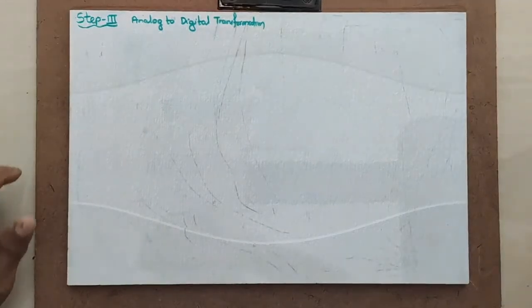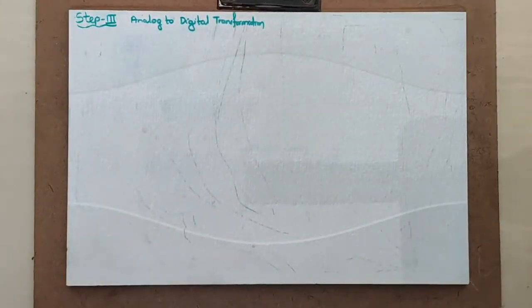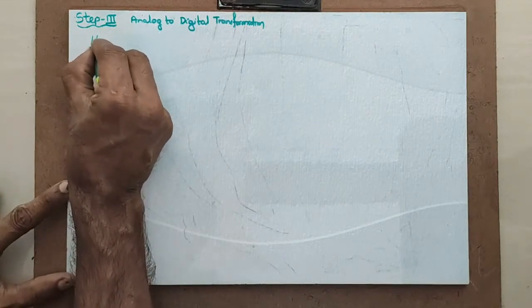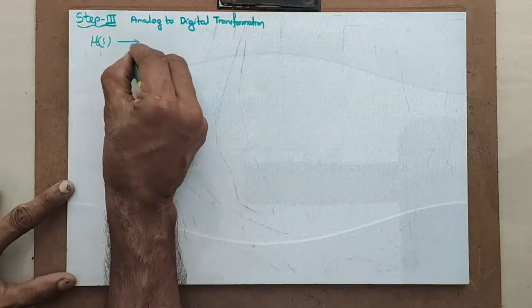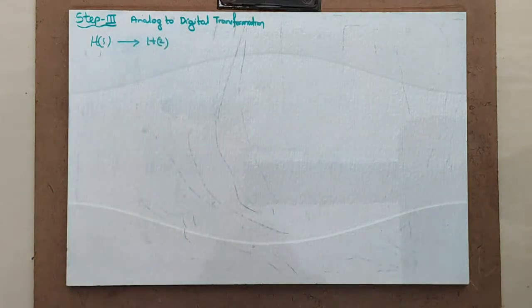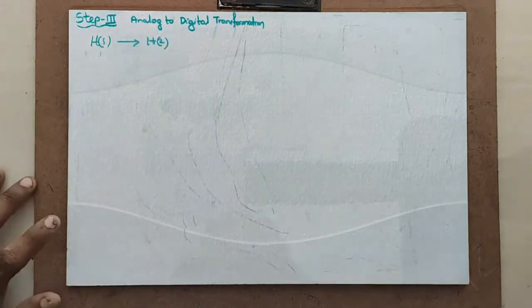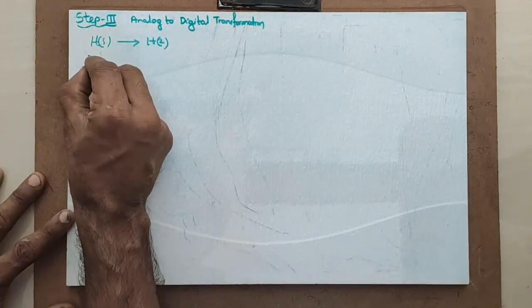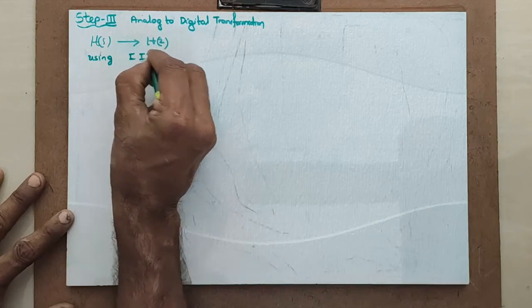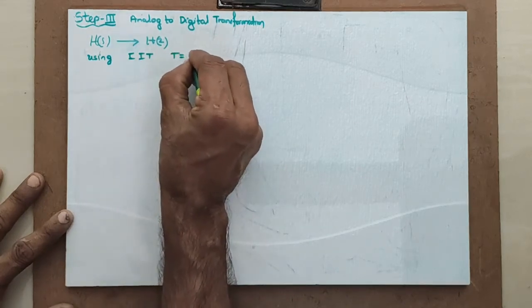Here, whatever h of s is there, I am converting it into h of z using impulse invariant transformation. Given T is 1 second.